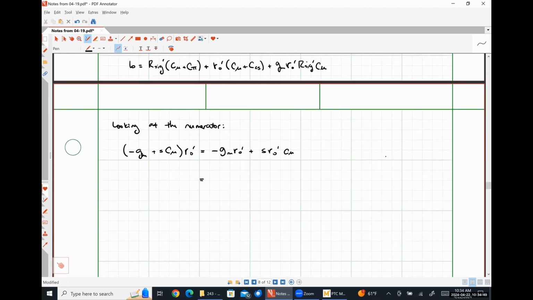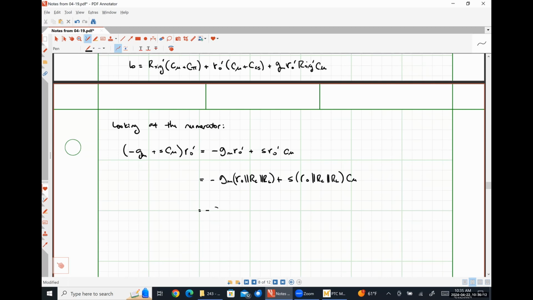So this would look like negative gm R naught in parallel with RC in parallel with RL plus s R naught in parallel with RC in parallel with RL times C mu.